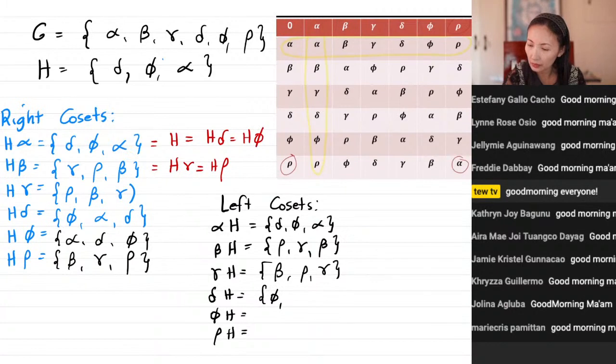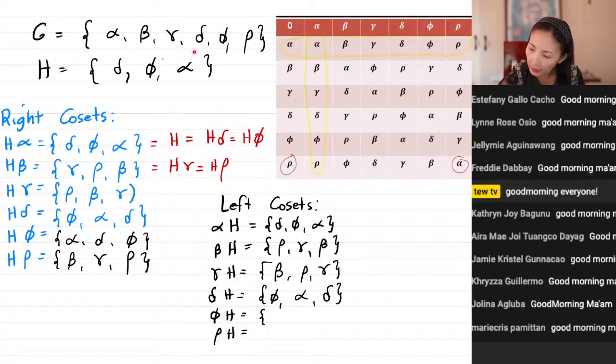Next, delta times phi. Delta times phi is alpha. And lastly, delta times the identity element gives delta. Next, phi times H. We begin with phi.